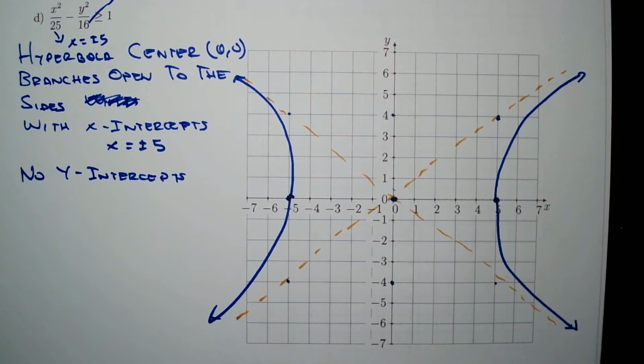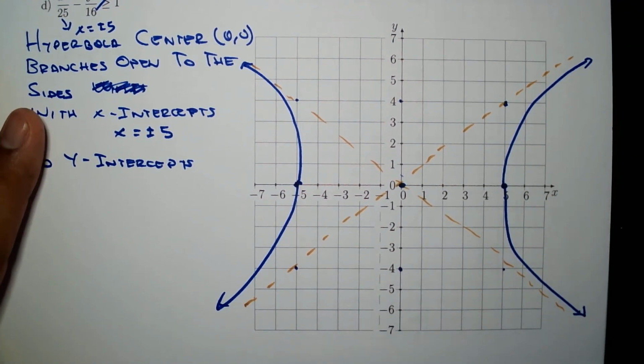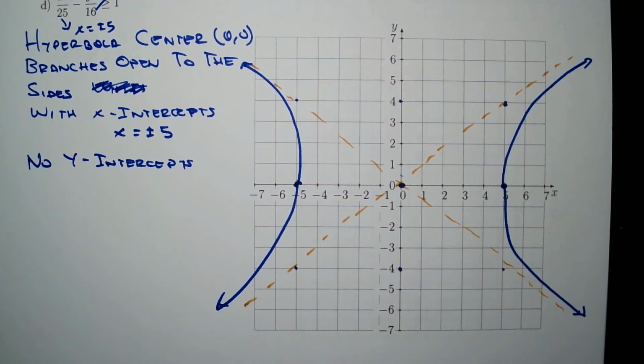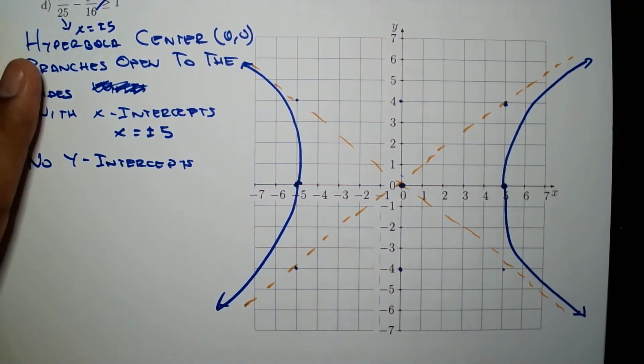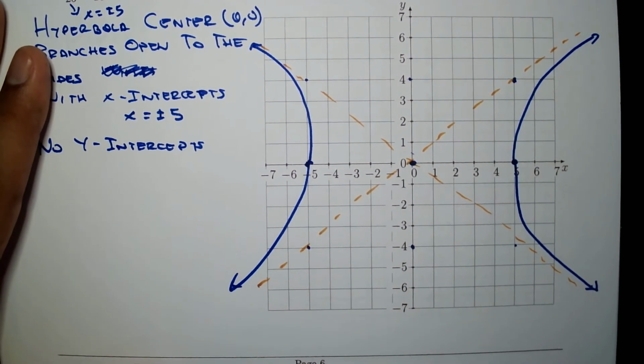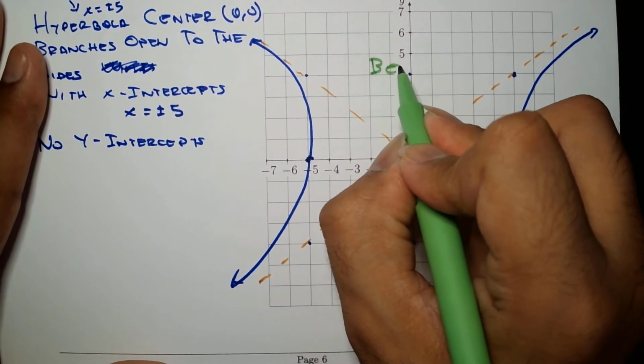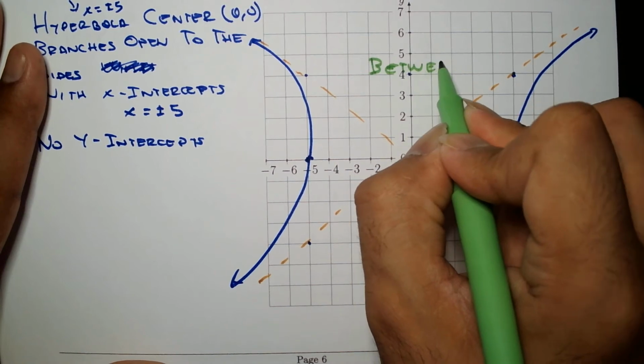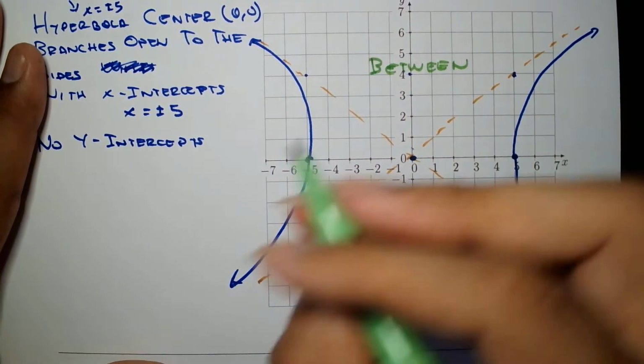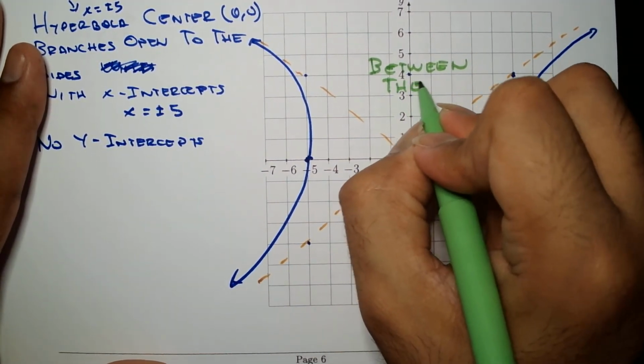All right, now what are we going to have in this case? So this is going to be between the branches.